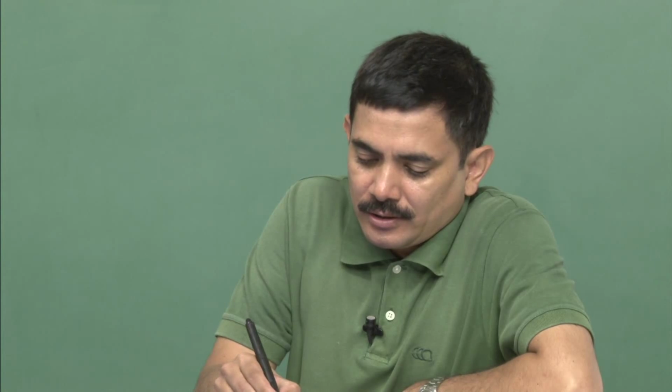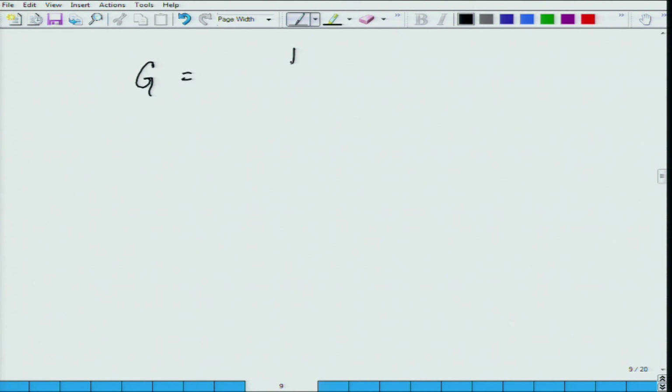Let us just take this guy only. G is equal to k over 1 plus tau omega j. Now, if you remember any complex number, for example, let us say I have got a complex number z is equal to a plus b j. This is the Cartesian form.